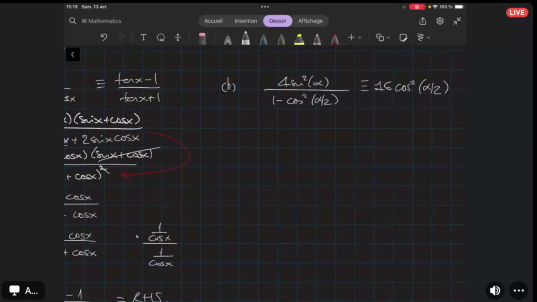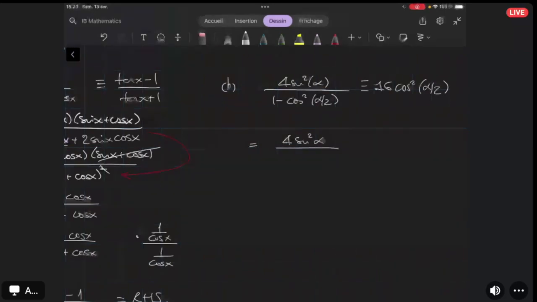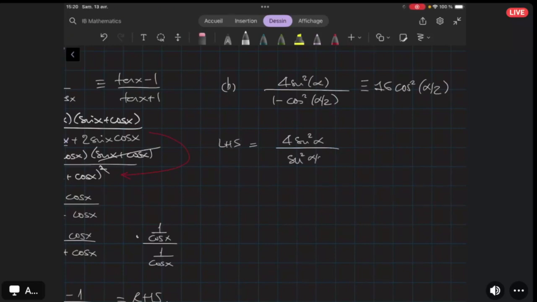No, this is not a typo. Yes, thank you. Left hand side. Downstairs is sine squared of pi over 2.